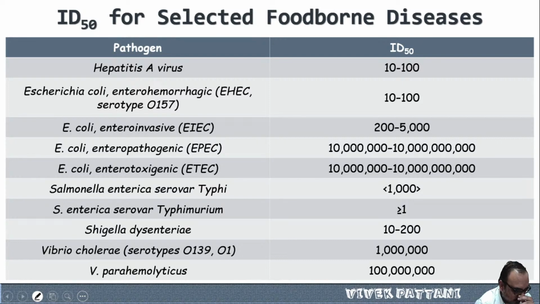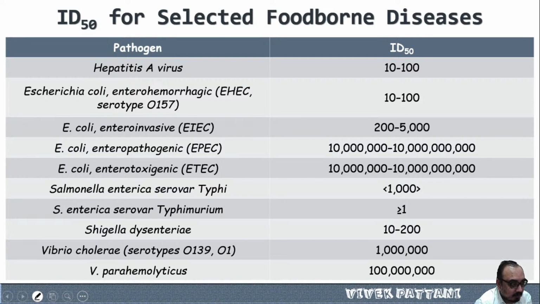The resultant disease will be Salmonella gastroenteritis, which can cause nausea, vomiting, diarrhea, but has a mortality rate less than 1% in healthy adults.